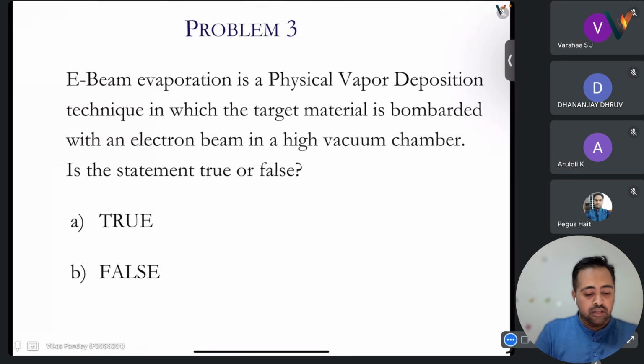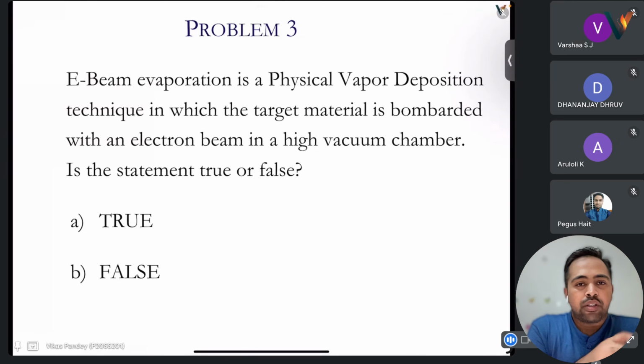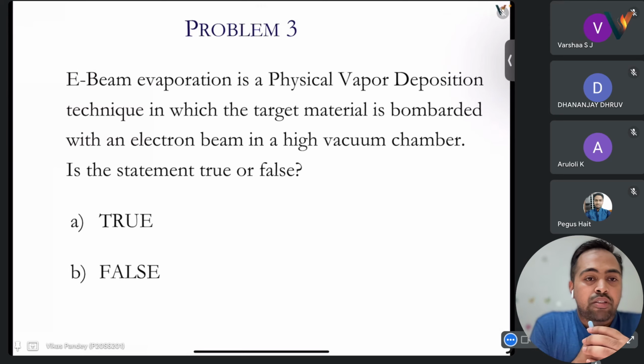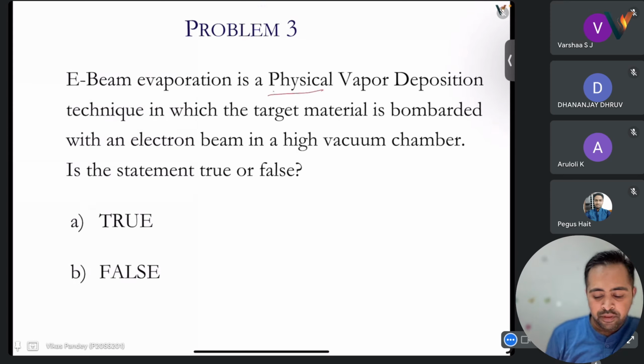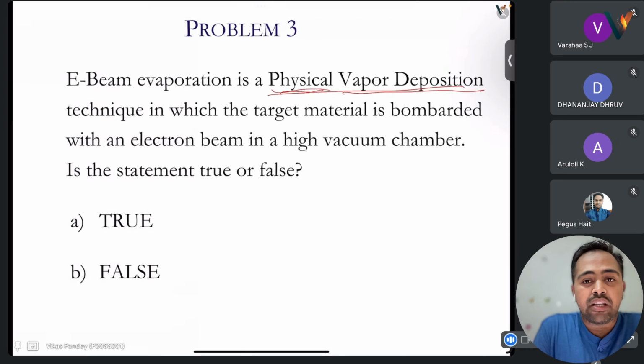Now let's come to some practical aspects, since that was a bit technical. E-beam evaporation is a physical vapor deposition technique in which the target material is bombarded with an electron beam in a high vacuum chamber.